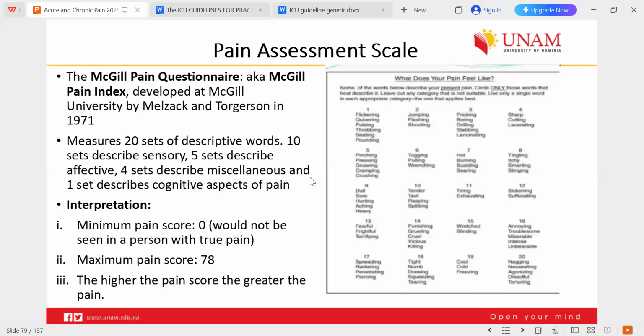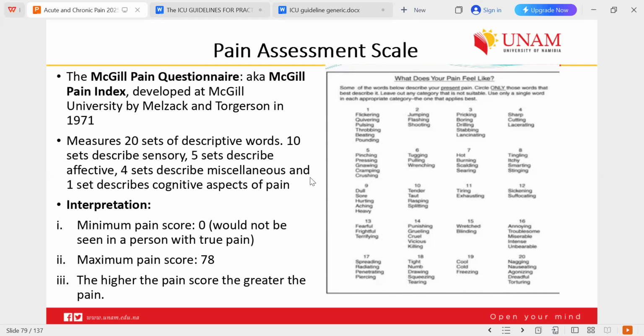Then we have the McGill Pain Index or the McGill Pain Questionnaire, developed at McGill University by Melzack and Torgerson in 1971. There is a set of 20 groups of descriptive words: 10 assess the sensory component, 5 assess the affective component, 4 describe miscellaneous, and only 1 set of words describes cognitive aspects of pain.